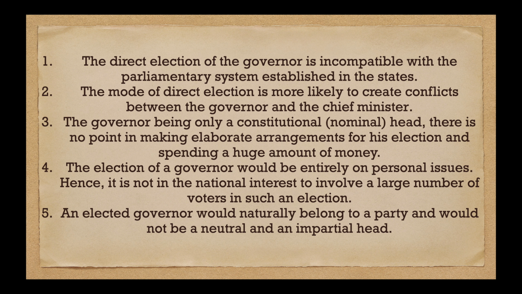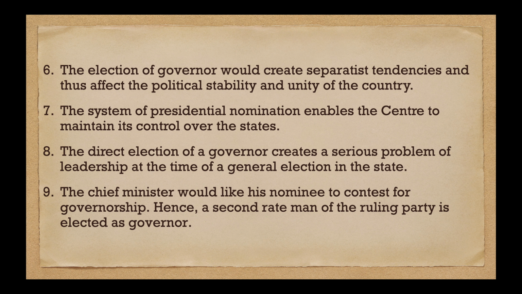5. An elected governor would naturally belong to a party and would not be a neutral and an impartial head. 6. The election of governor would create separatist tendencies and thus affect the political stability and unity of the country. 7. The system of presidential nomination enables the center to maintain its control over the states. 8. The direct election of a governor creates a serious problem of leadership at the time of a general election in the state. 9.